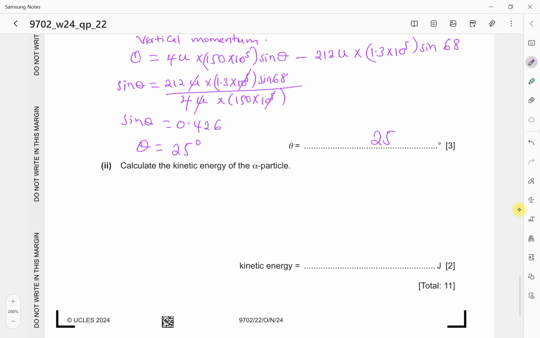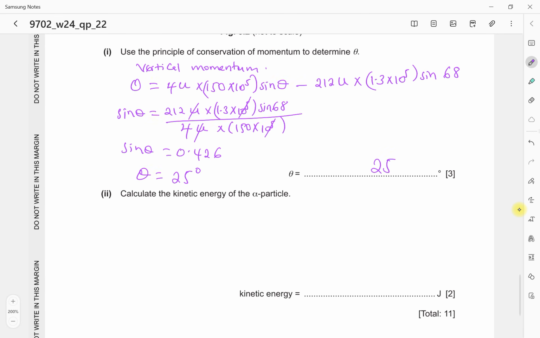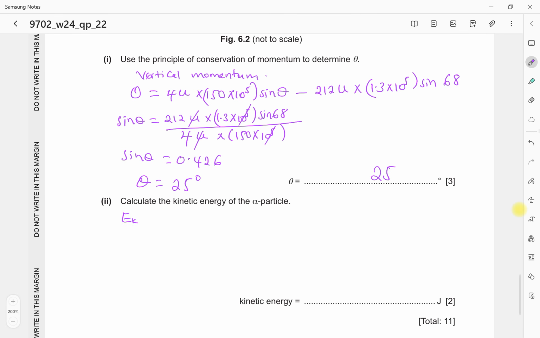Then calculate the kinetic energy of the alpha particle. Of course, we know that kinetic energy is a scalar quantity, so we don't even consider resolved values. A half mv squared. So this is going to be a half times the mass, which is 4u, so that is 4 times 1.66 times 10 to the power of minus 27.